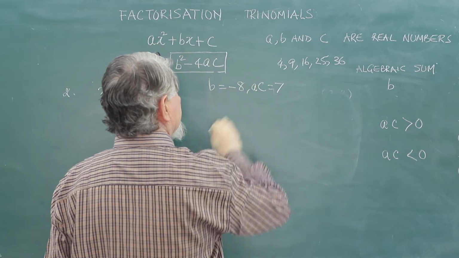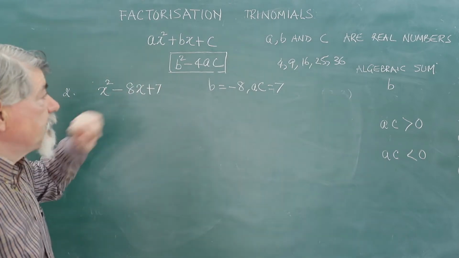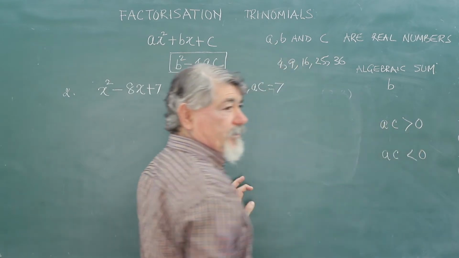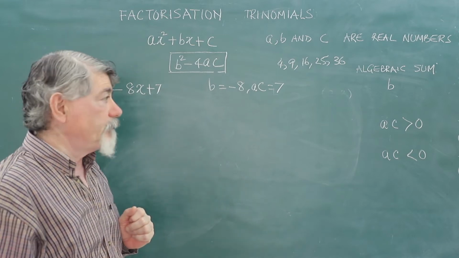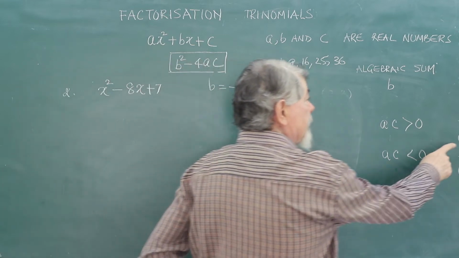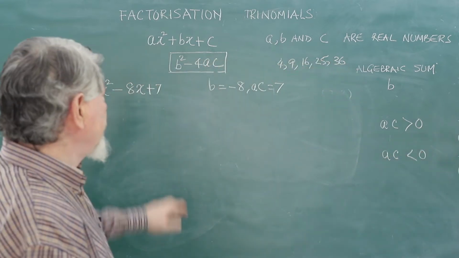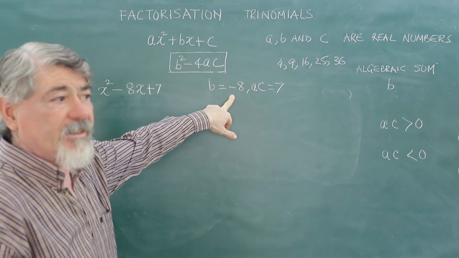The product of first and last term, ac, is 7, it is plus, it is greater than 0. So when I split the middle term, both the terms either have to be plus or both have to be negative. But because it is minus 8, both the terms will be negative.